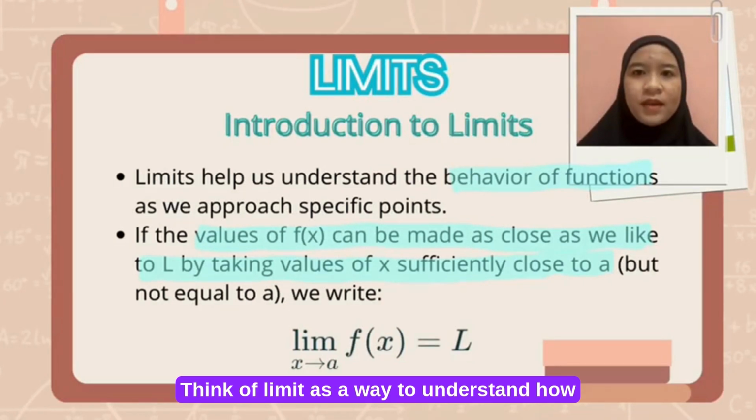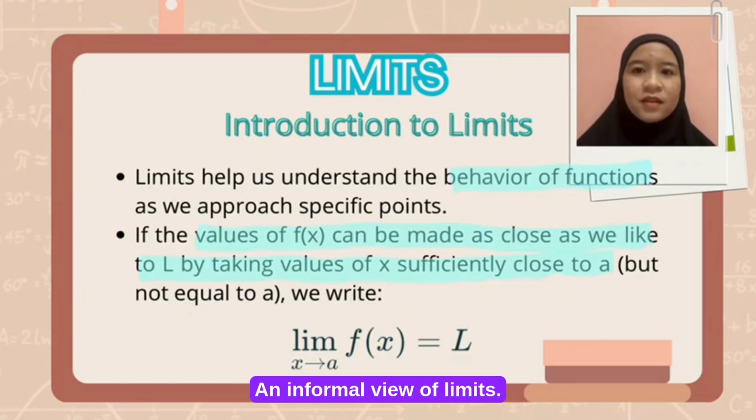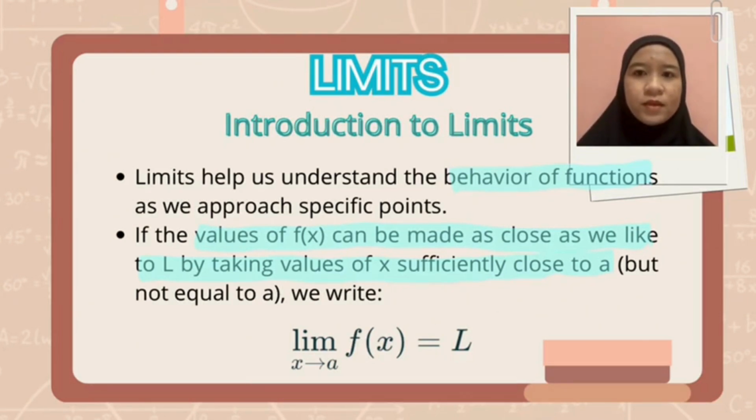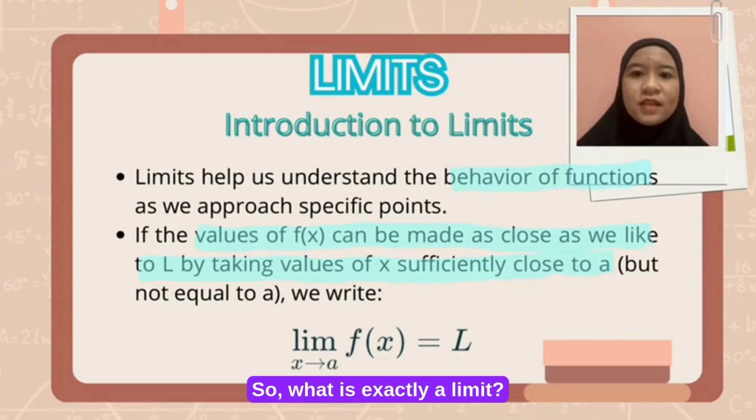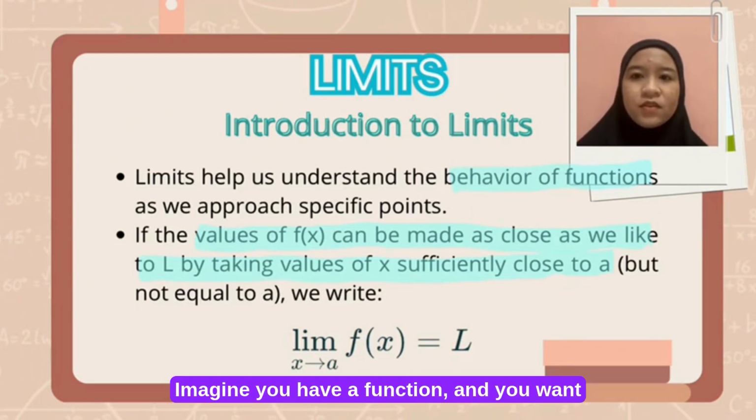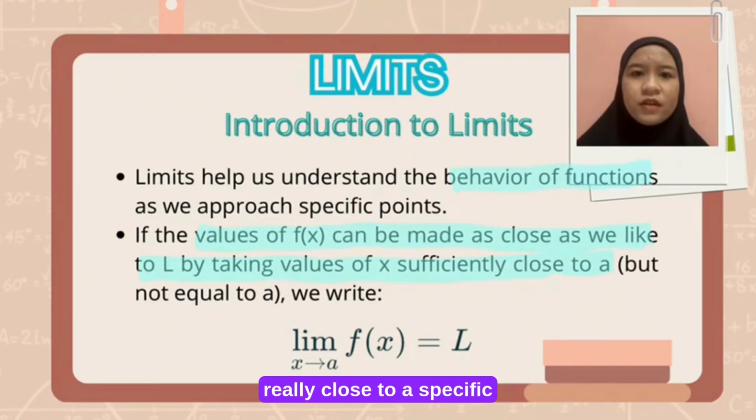Think of a limit as a way to understand how functions behave as we get closer to a certain point. It's like peeking around the corner to see what's coming up ahead. An informal view of limits: what exactly is a limit? Imagine you have a function and you want to know what value it approaches as you get really close to a specific point.